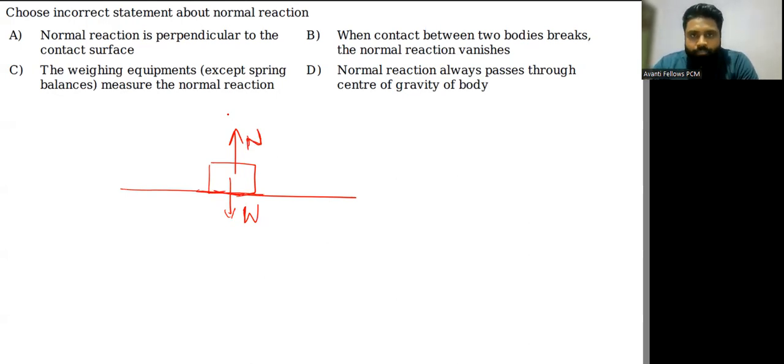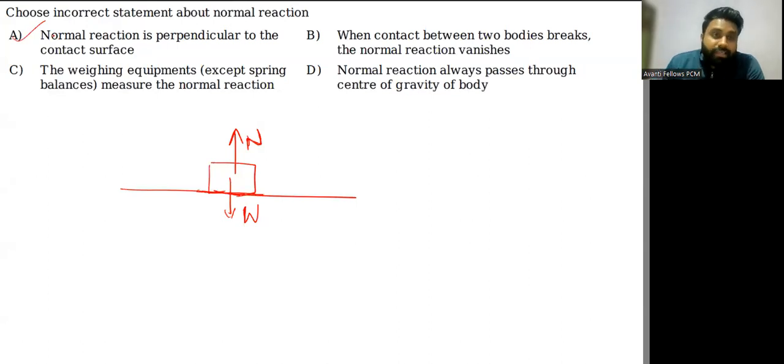Okay. Now, the next point, this point is correct. The next point is when contact between two bodies breaks, the normal reaction vanishes. Yes, because it is a contact force. So when there is no contact, there is no contact force. So definitely the normal reaction will vanish. Got it? This option is also correct.